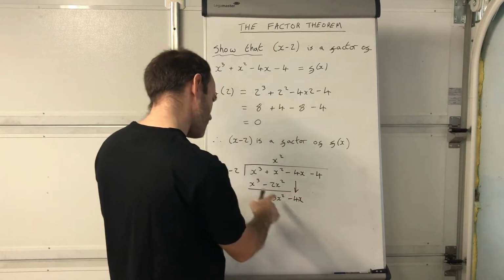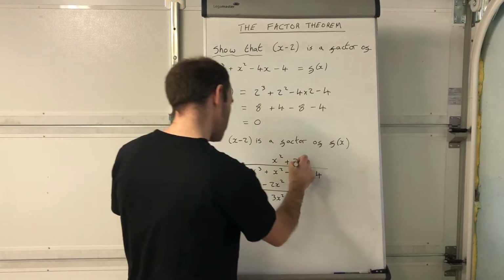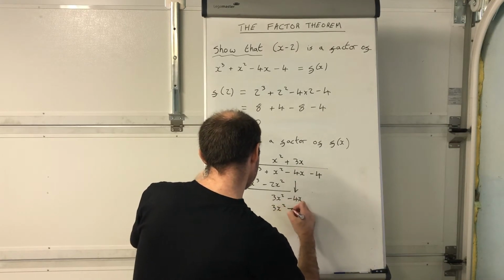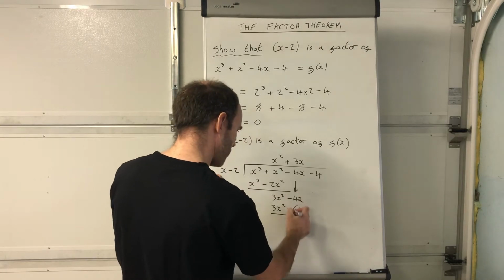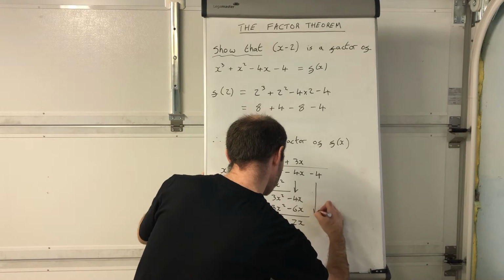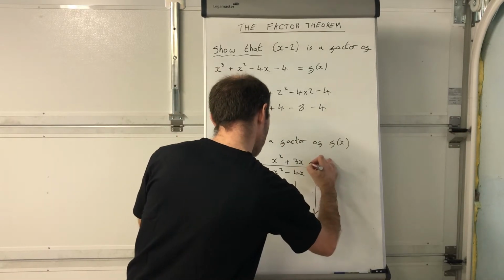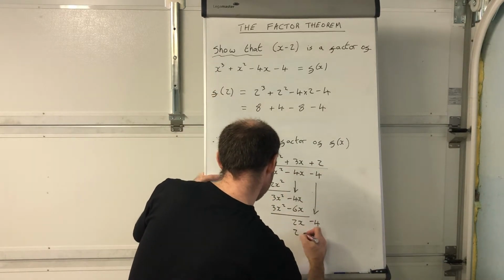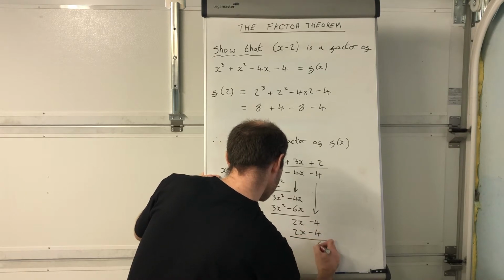And then x times 3x gives us 3x squared, so plus 3x up there. 3x times x minus 2 gives us 3x squared subtract 6x, and then do the subtraction: negative 4 plus 6 is 2, so 2x. Bring down the negative 4, and then x times 2 gives us 2x, so plus 2, and then 2 times x minus 2 is 2x minus 4, and the difference between that is 0.